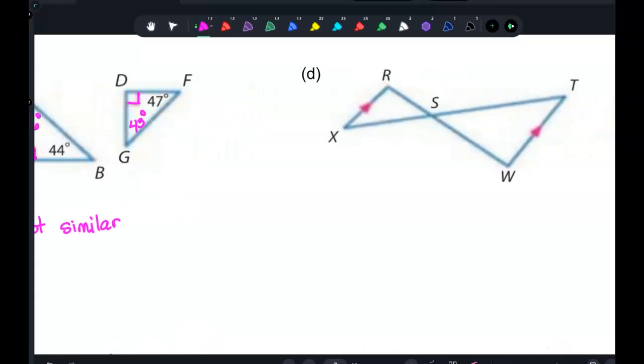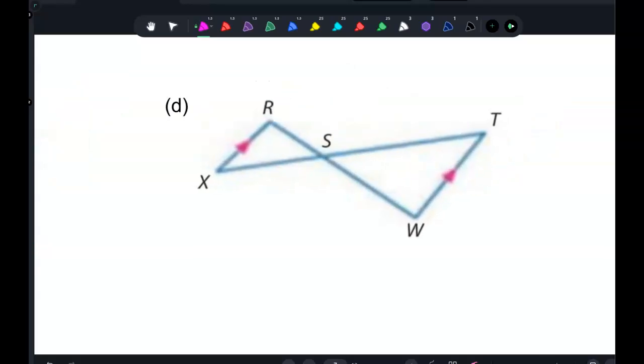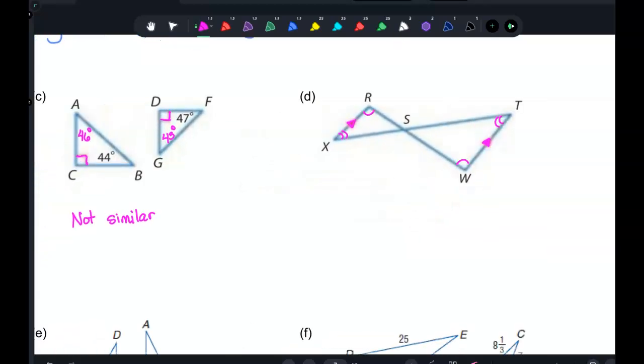Okay, let's look at D. These marks indicate that the lines are parallel. So I know I have angle R congruent to angle W. Those are alternate interior angles. I can also say X and T. I have no sides here, but I do have two pairs of angles.